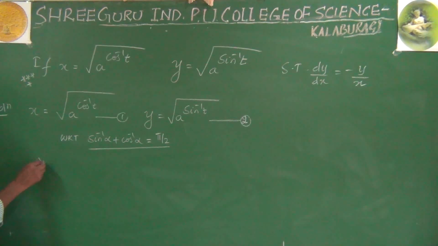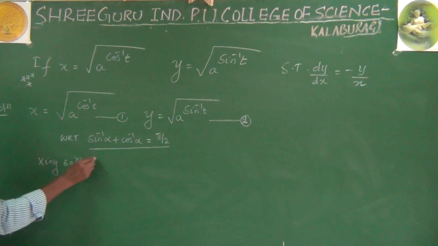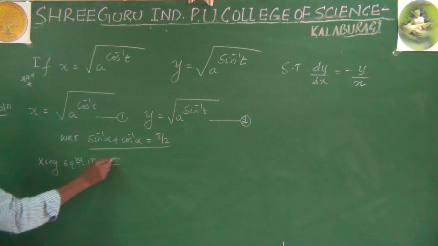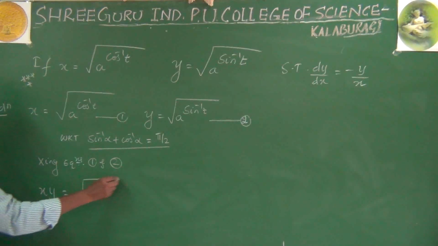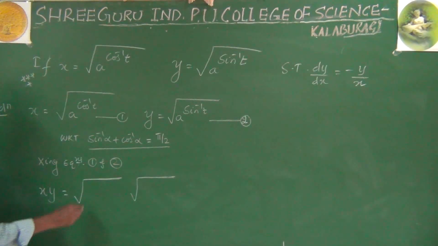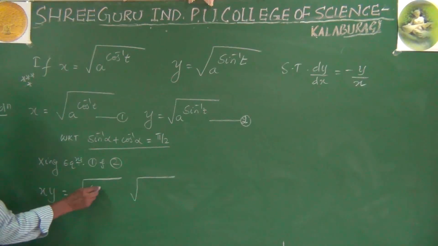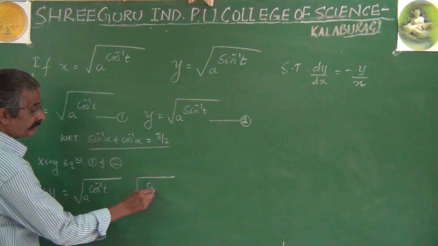Now, multiplying equations 1 and 2: left side x into y, right side square root into square root, that is square root of a power cos inverse t into square root of a power sin inverse t.